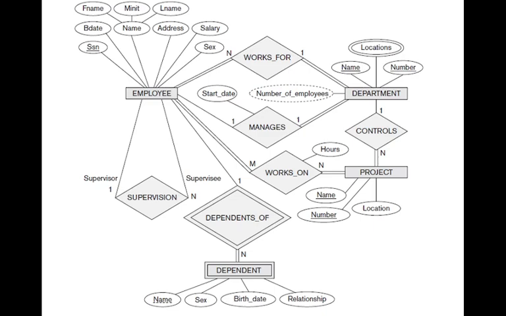In that we will include this locations attribute, plus the primary key of department. The primary key of department is department number. So department number, department locations will form a new table, which we will call department locations.